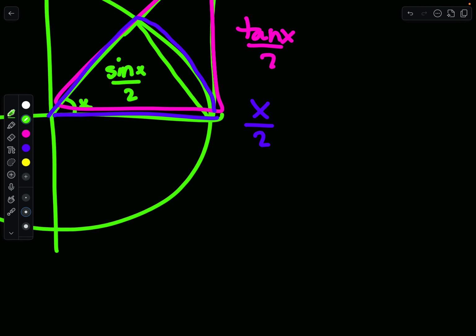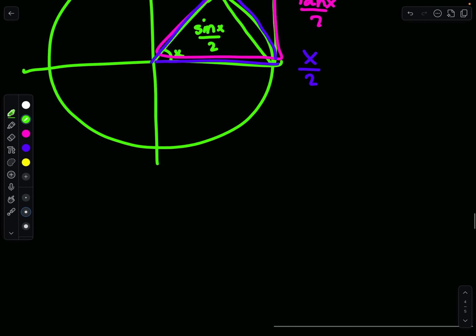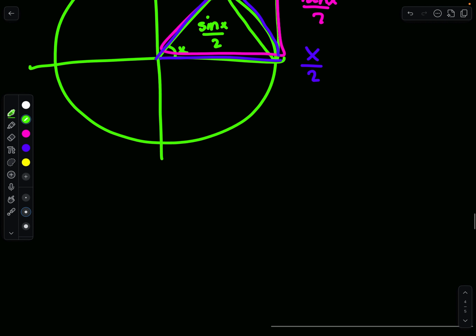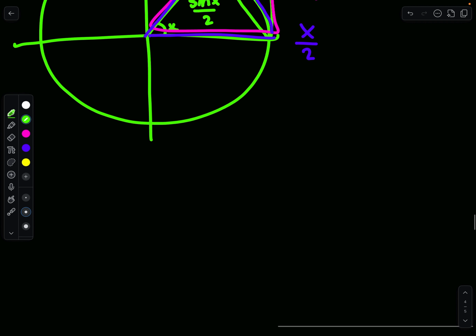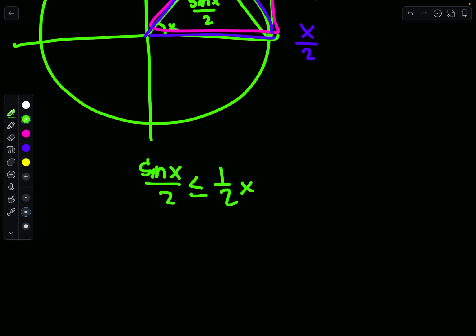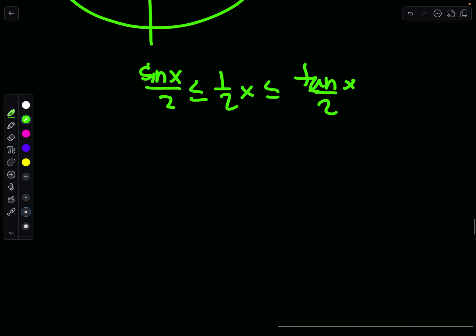Now, we know from the visual that sine x over 2 is less than or equal to 1/2 x, which is less than or equal to tan x over 2. So therefore, sine x is less than or equal to x, which is less than or equal to tan x.